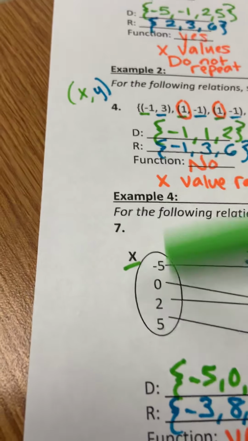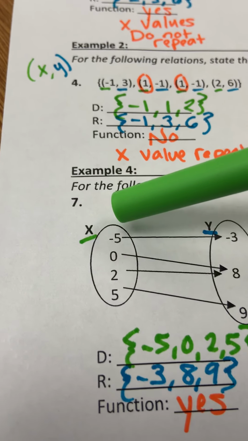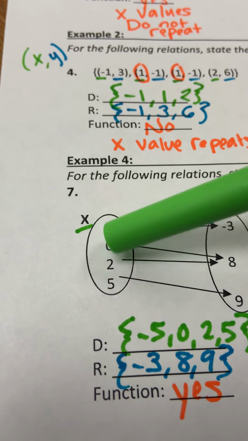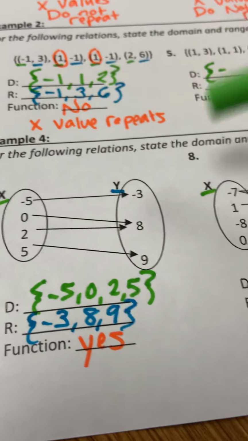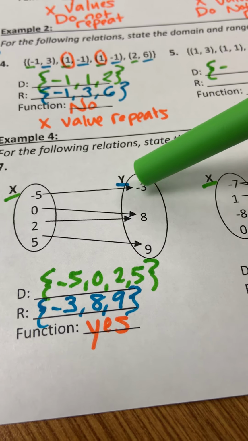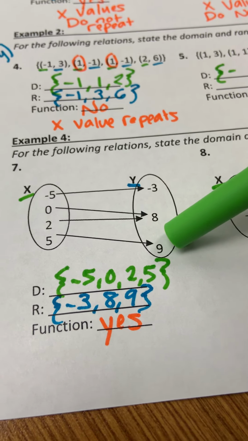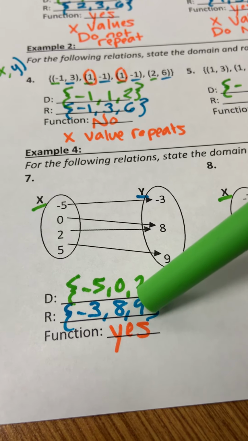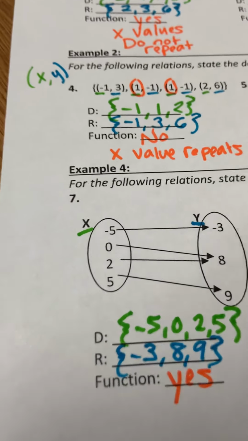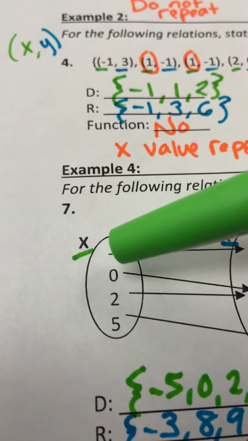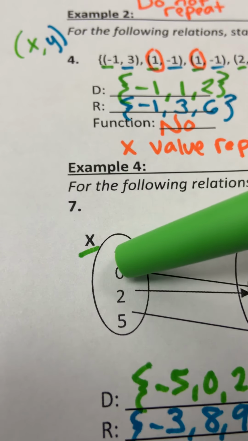For domain, we're going to write -5, 0, 2, 5. That's in order from least to greatest already. And then range is going to be -3, 8, and 9. This is a function because these don't repeat. The way we can tell is because each number only has one arrow coming from it.